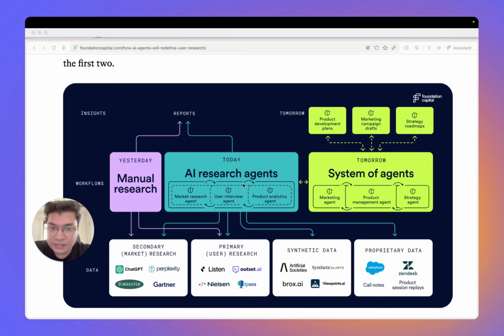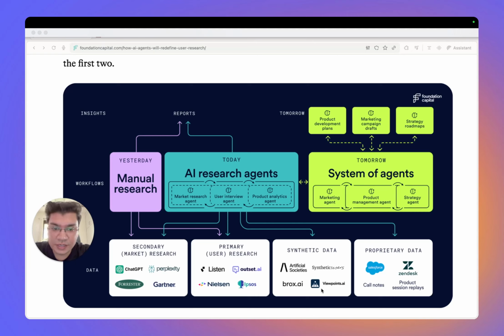Now this is the day and age of AI research agents, which is divided into three areas: market research agent, user interview agent, and product analytics agent. Proprietary data is something which can be used by companies who already have a lot of data. Companies which already have traction have a lot of product analytics data from user agents and everything, right? So that's one area that you have.